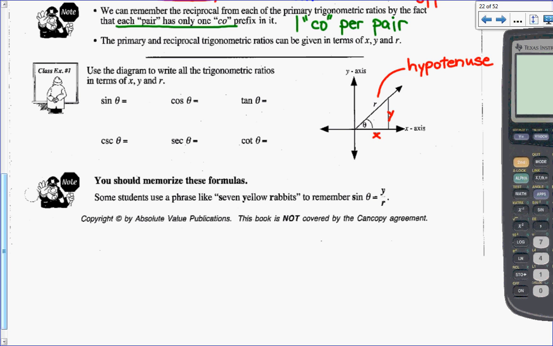Okay, so let's see if we can define sine in terms of x, y, and r. Sine is opposite over hypotenuse. So if you are this little theta here, the opposite is y over the hypotenuse, which is r. Well, then its inverse would be r over y. Cosecant would be r over y then, because these are inverses.